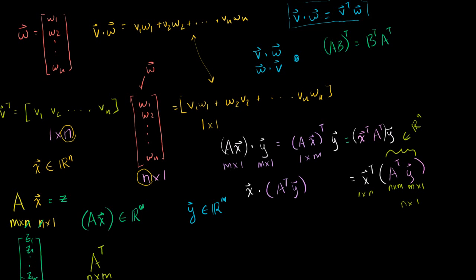So the two big outcomes of this video are, I'll rewrite this one up here: v dot w is equal to the matrix product of v transpose times w.